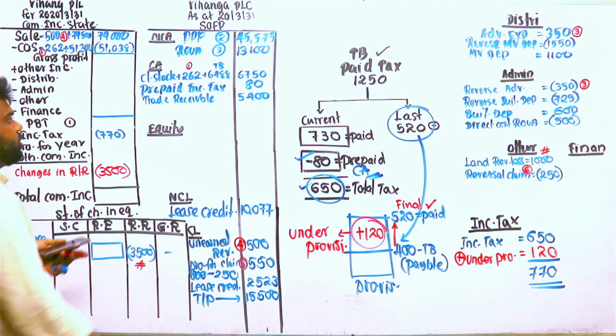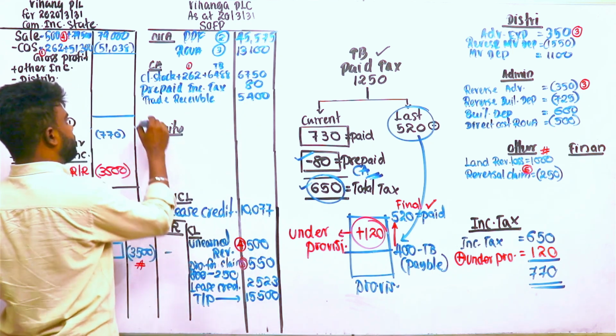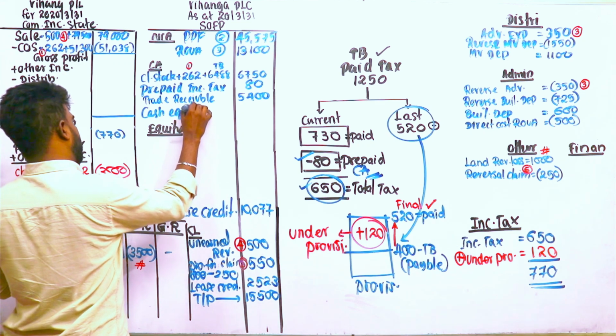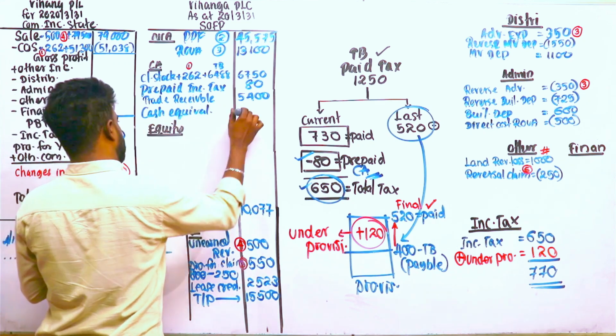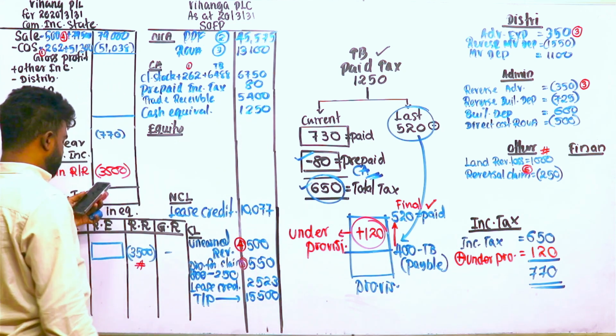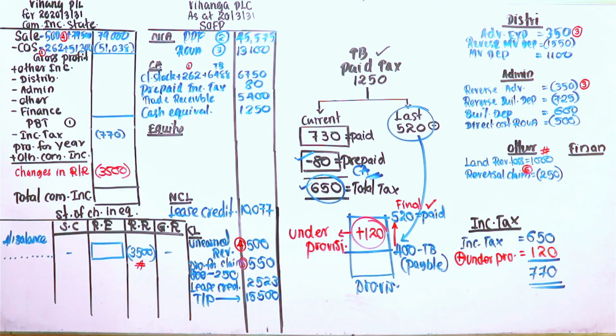Inventory 6,488 recorded. Cash and equivalents 1,250. Provision for claims recorded. Stated capital is the closing balance, but there are no adjustments, so you can record it as the opening balance, though it is actually the closing balance.